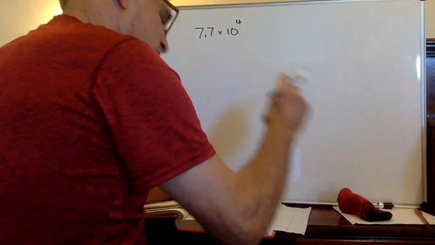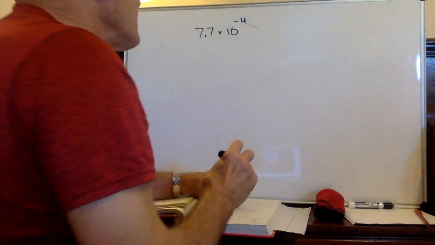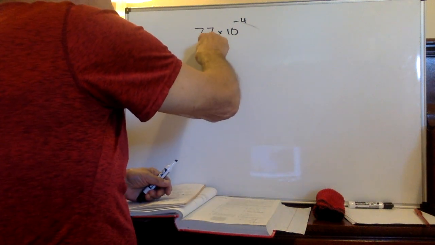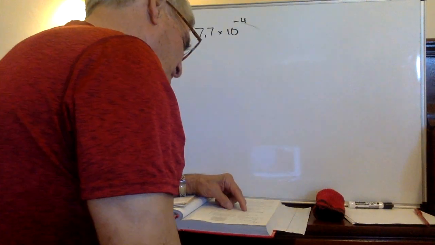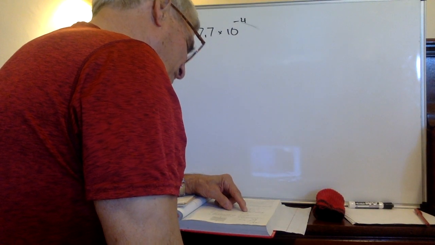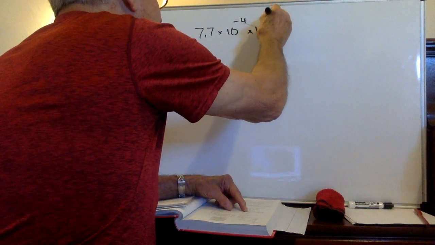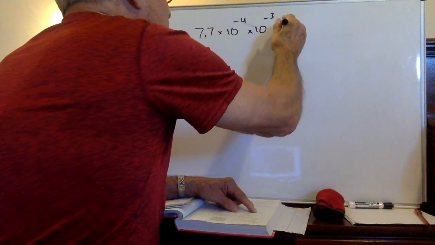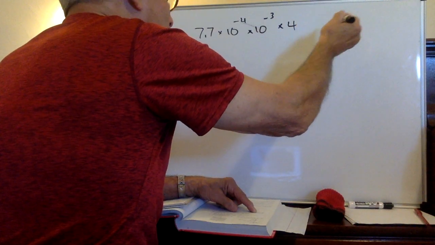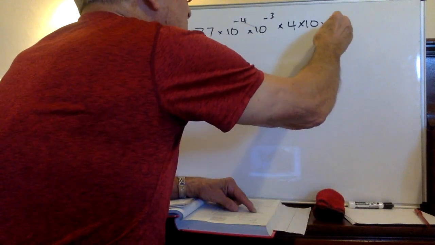7.7, 10 to the negative 4th. That means I'm moving the decimal 4 units that way to get to 0.00077. Times 10 to the negative 3 times 40 times 10 to the 6th. 40 is 4.0 times 10 to the 1st times 10 to the 6th.